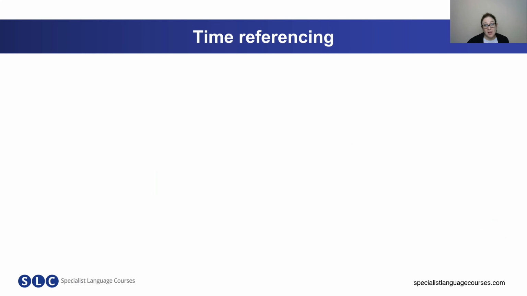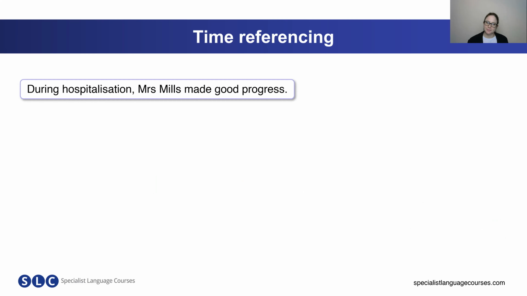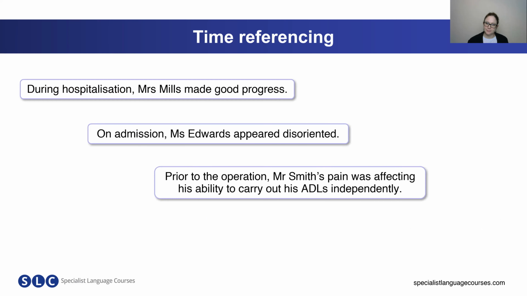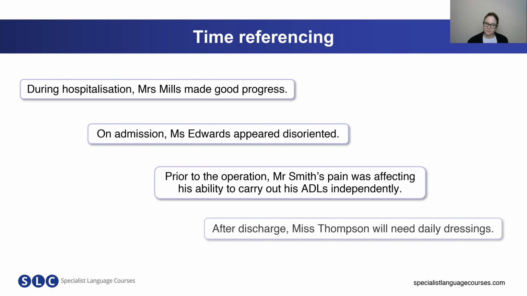Let's take a look at some time referencing phrases that you could use in your OET letters. So here we've got a variety of time referencing phrases that would be really useful when describing hospital treatment and post-discharge treatment needed.